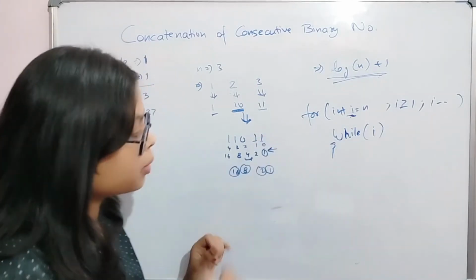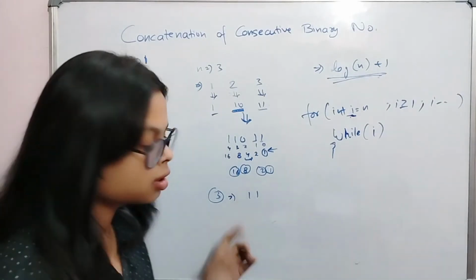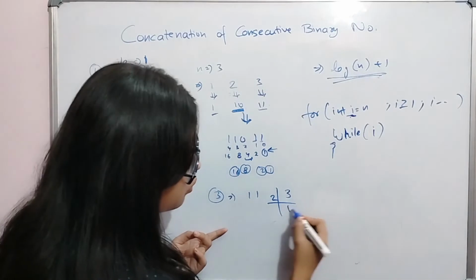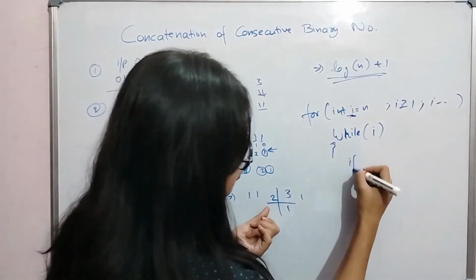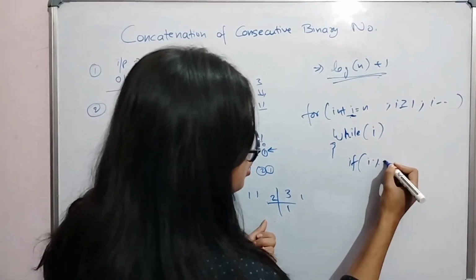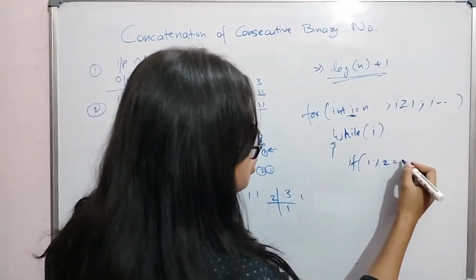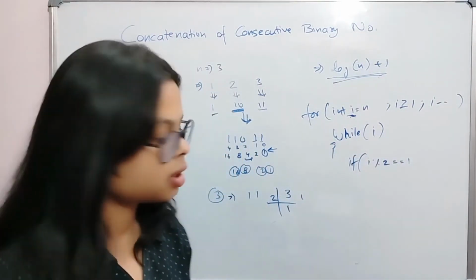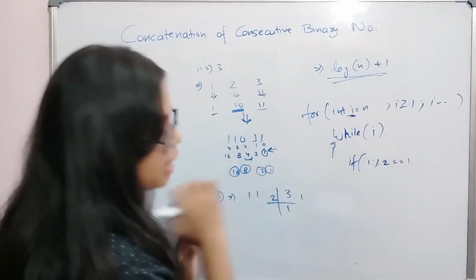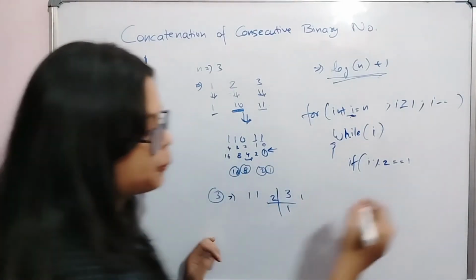For 3, I can have 1 and then 1. If i mod 2 equals 1, then we will add this part to the answer.